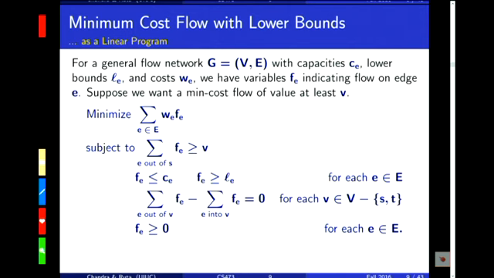Whatever flow comes in should go out, of course, but I am producing extra flow at node 1, so that extra flow should also go out. So outgoing should be incoming plus 1, so here you will have a minus 1. I'm just trying to say that this tool captures almost all variants of the flow problem, even if you make it more and more complicated.